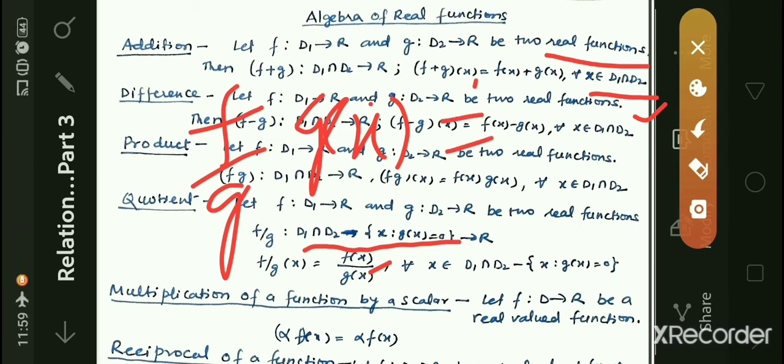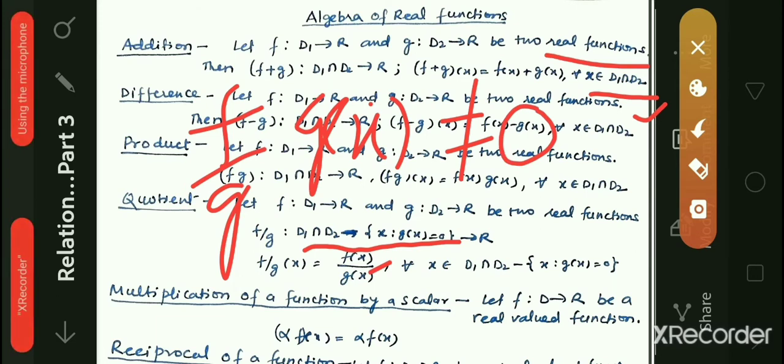It means we should have g(x) not equal to 0 for all points in the domain, so after excluding these points from the common domain, we get the domain of f/g. (f/g)(x) = f(x)/g(x) for all x belonging to D1 ∩ D2 minus {x such that g(x) = 0}.